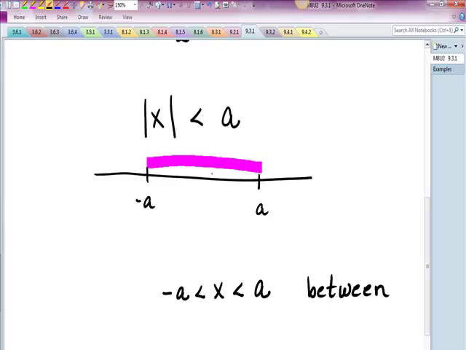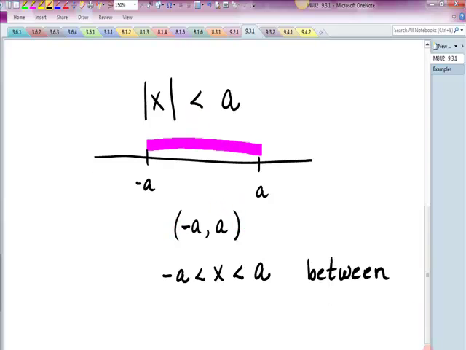As an interval, when there is no equal, it is negative a to a because intervals are always from left to right. Hopefully you remember from a previous math class that if this is strictly a less than, there's no equal with it, then you use parentheses.